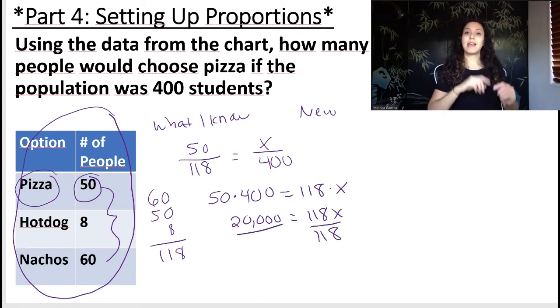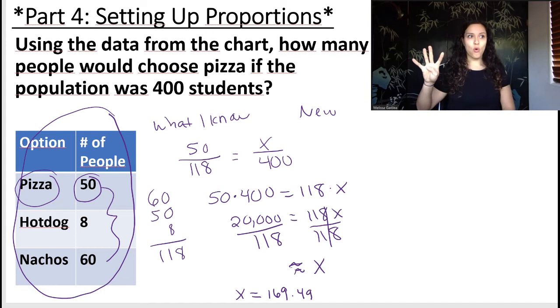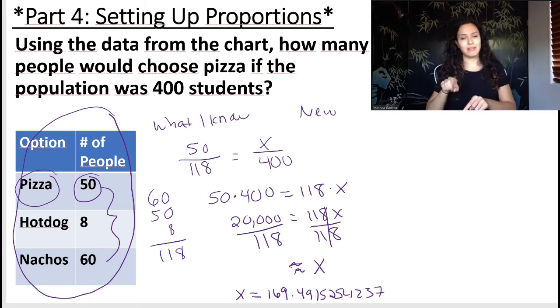Divide by 118, divide by 118. x equals approximately, so it can't be equal, the calculator tells me x equals 169.4915254237. Ooh, we can't have that. We're going to have to round. And the answer would be approximately 169.